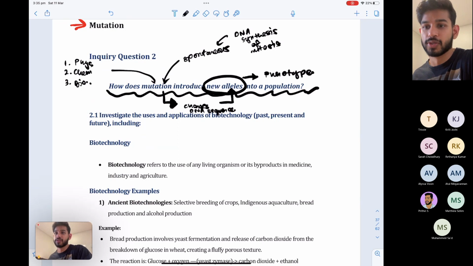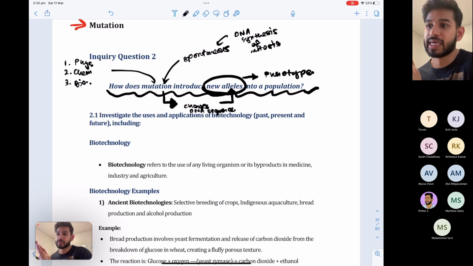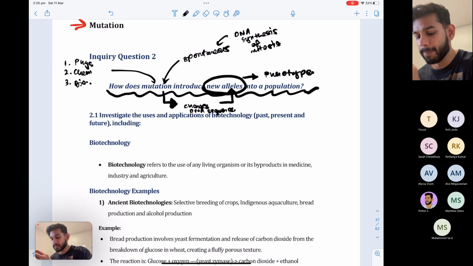So let's define the two. So biotechnology is an extremely vague term. I want you all to understand that. It's not just the use of living organisms in tech, which is what it sounds like. And that's because the word technology is vague. What is a technology, right? Biotechnology is the use of any living organism or its byproduct.